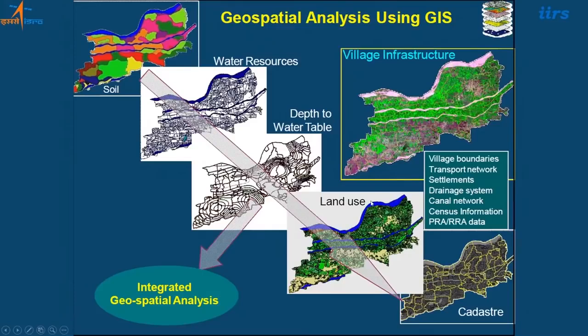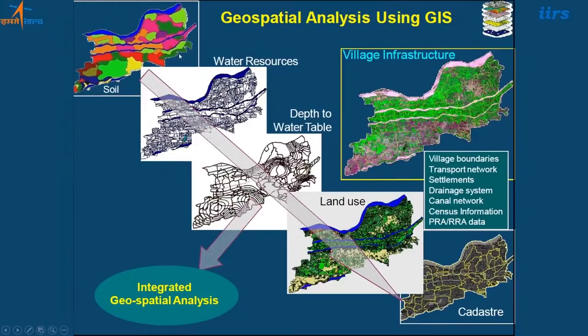Now I have these different kinds of maps, and I want to perform some integrated geospatial analysis. There is one cadastral map also, with cadastral boundaries, which means the field boundaries we can say. These boundary values are also available with us. Now taking all these things together, I want to perform some sort of geospatial workflow.